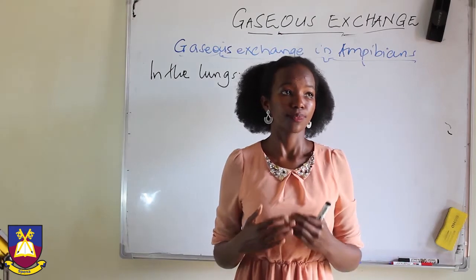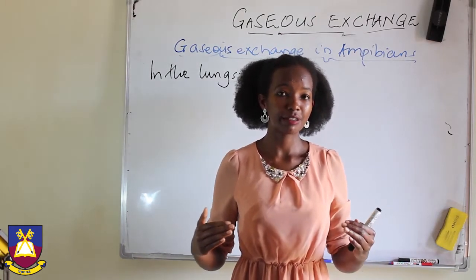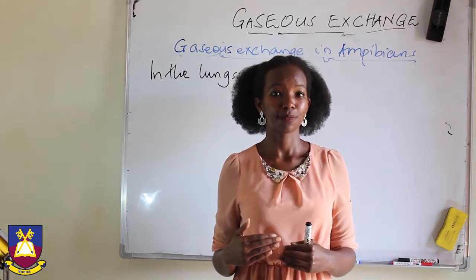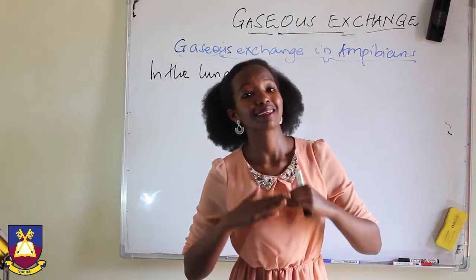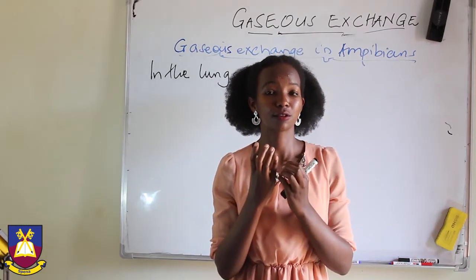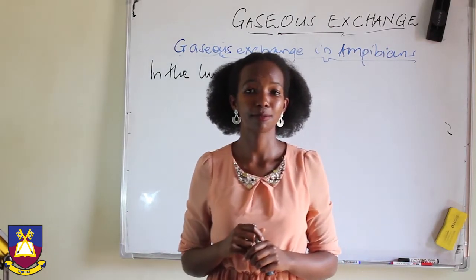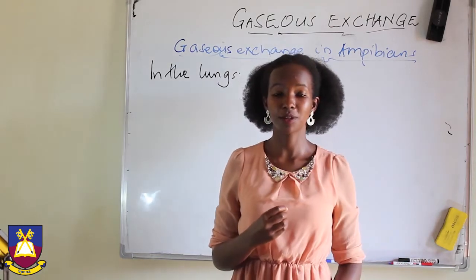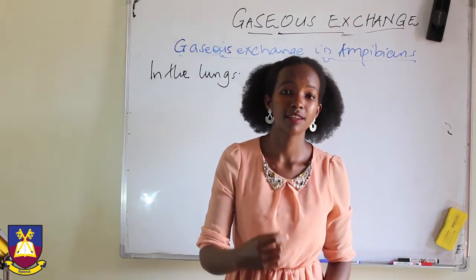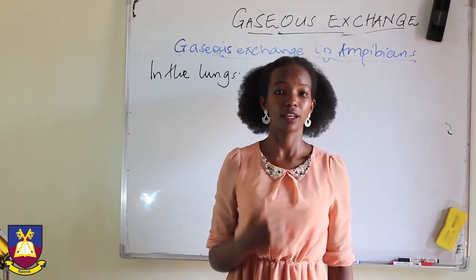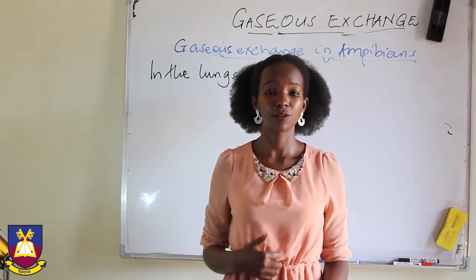So, the volume of the lungs increases so that there is reduced pressure within the lungs. The floor of the mouth rises so that the volume of the mouth decreases and the pressure increases. Now, see, there's increased pressure in the mouth and decreased pressure in the lungs. That causes air to leave the mouth to go down through the glottis to the lungs.